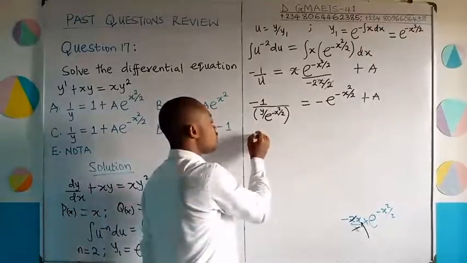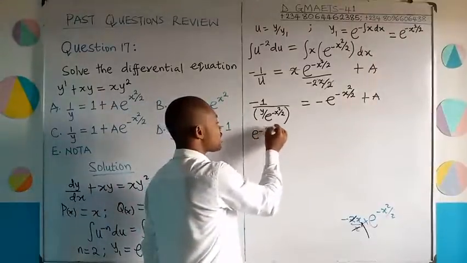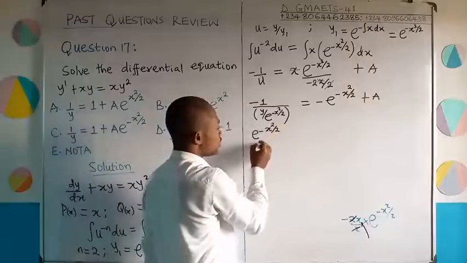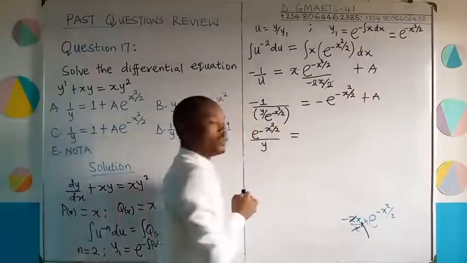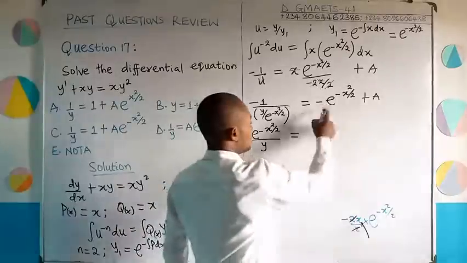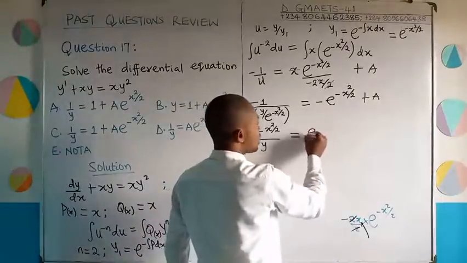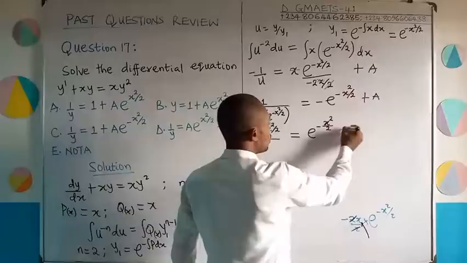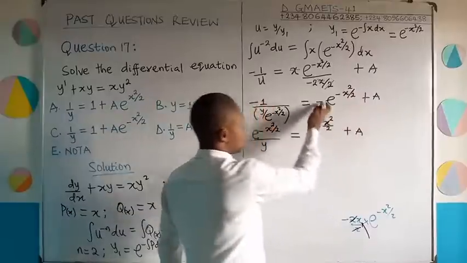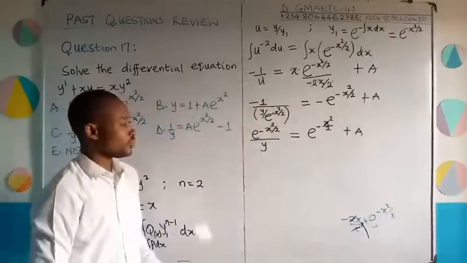So this eventually becomes exponential minus x raised to the power 2 divided by 2, then over y equal to, good. Coming here, this will simply be left with exponential negative x squared over 2, then plus a. Good, you notice that the negative has disappeared.